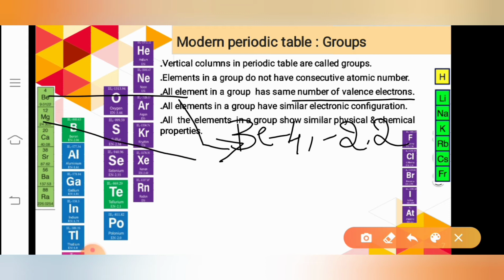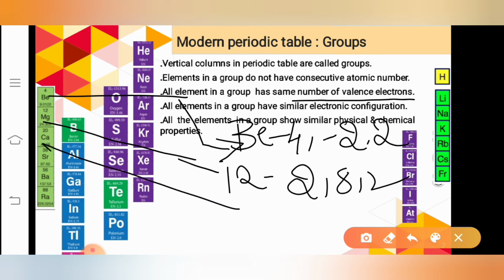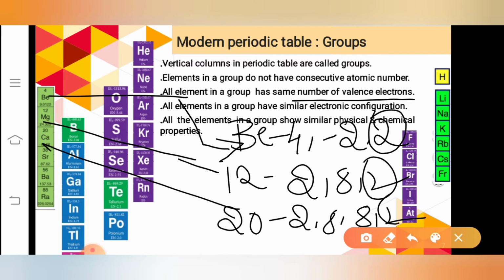Magnesium is 12, with 2, 8, 2, and then calcium 20 is 2, 8, 8, 2. Correct? So each and every element in the group has the same number of valence electrons in its outermost shell: 2, 2, 2.